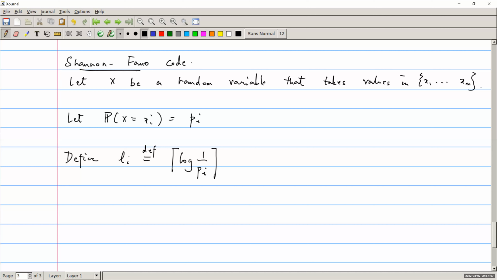But since it's the leaves of a binary tree, we can write a prefix-free code consistent with these lengths. So let's just compute the summation of 2 to the minus lj.